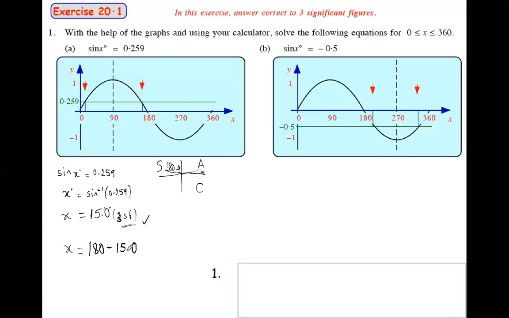Just do 180 minus answer. See the Casio button Ans, it gives you the full number. And this time I've got 164.989. And to 3 significant figures, you just need to put 165. Okay? That would be your 3 significant figures.